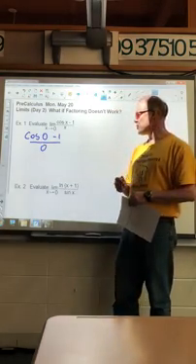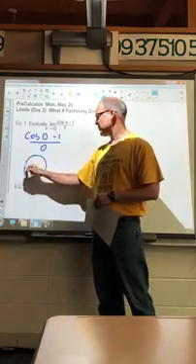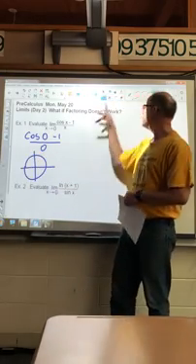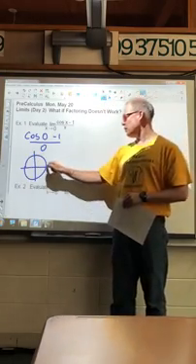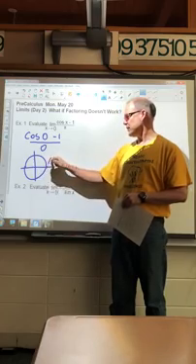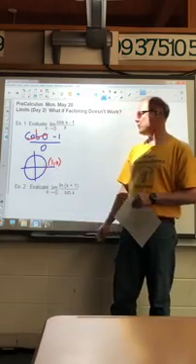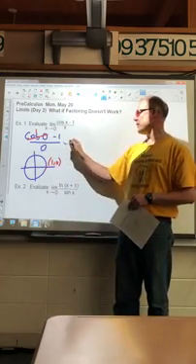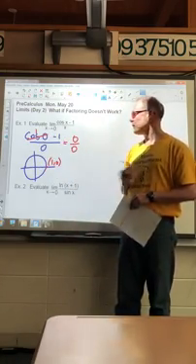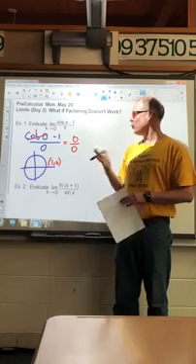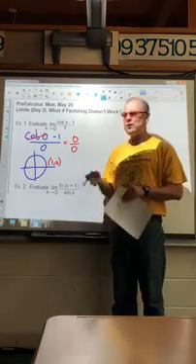And if you remember from the unit circle, the cosine of 0 is 1, so we've got 1 minus 1, so we've got 0 over 0 there. Okay, so the next step we would do would be to factor.